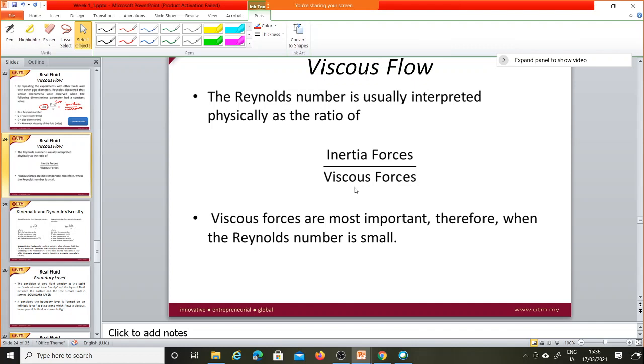Where viscous forces are most important, the Reynolds number is small. So we have the relationship: if mu is higher, the Reynolds number is low. If mu is low, then the Reynolds number is high.